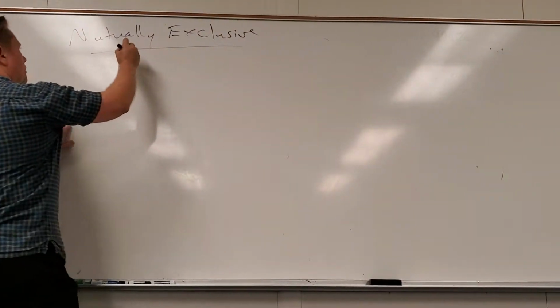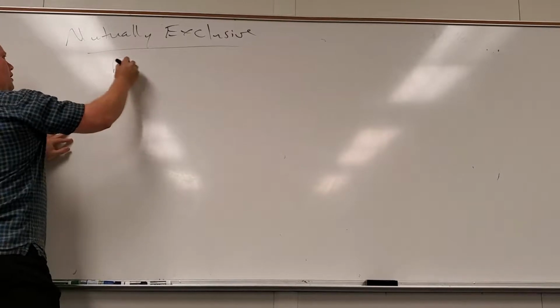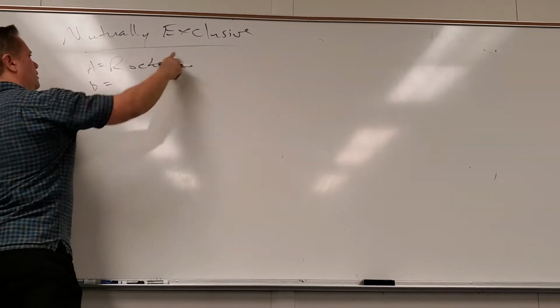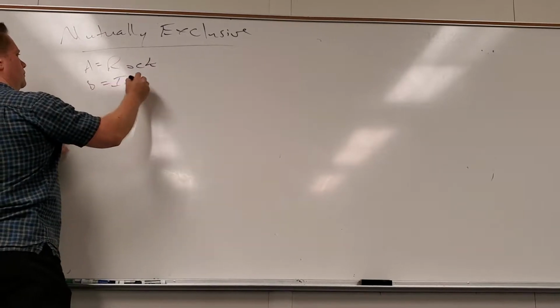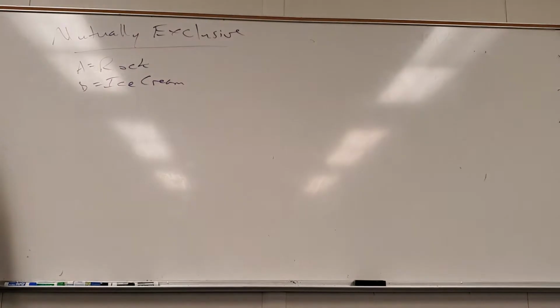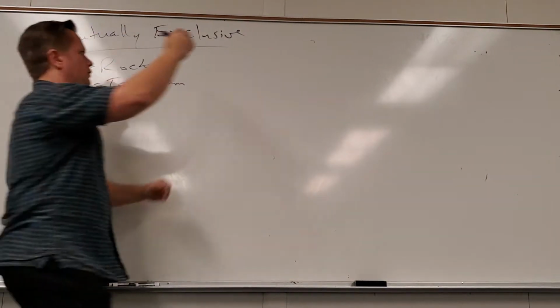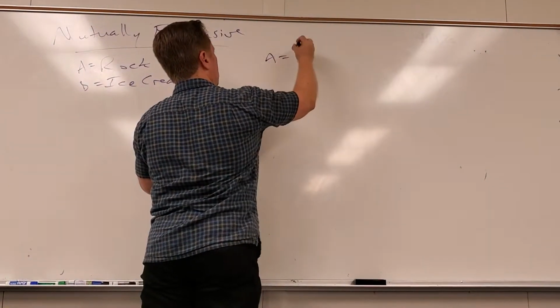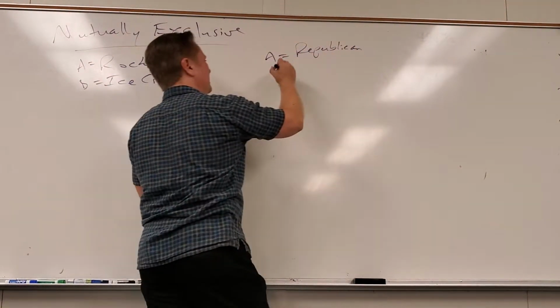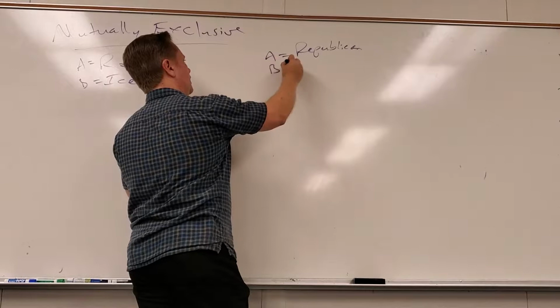So for example, here's something that's not mutually exclusive. Mutually exclusive would be rock. Let's say A is rock and B is ice cream. What would not be mutually exclusive would be, for example, the most boring example I can give you, Republican. Nothing against Republican. And female.